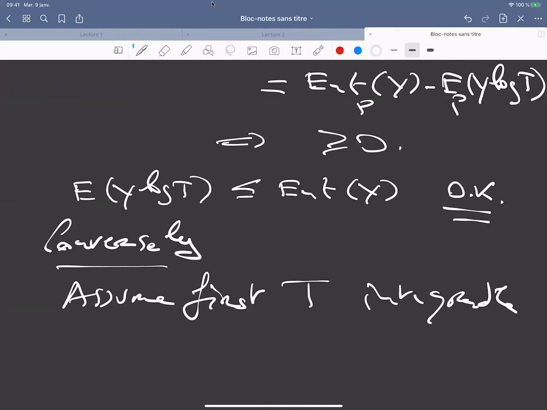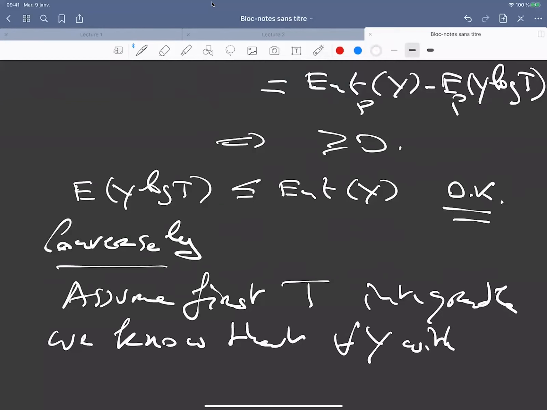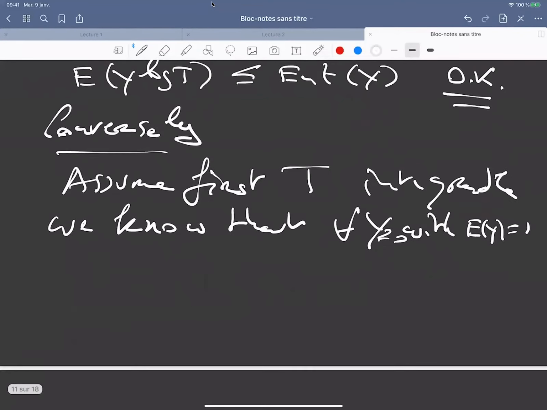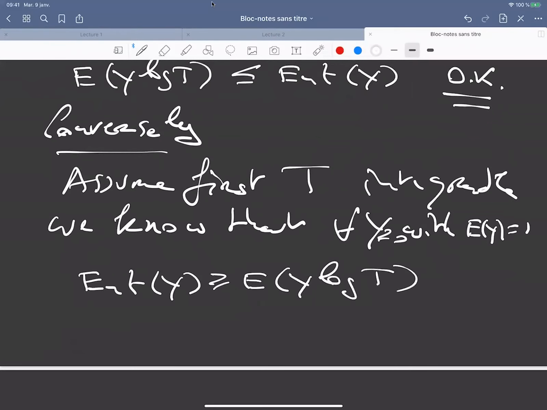So if it is the case, we know, this is the assumption, that whatever y with expectation of y equal to 1, y non-negative, we know that the entropy of y is greater than the expectation of y times log t.